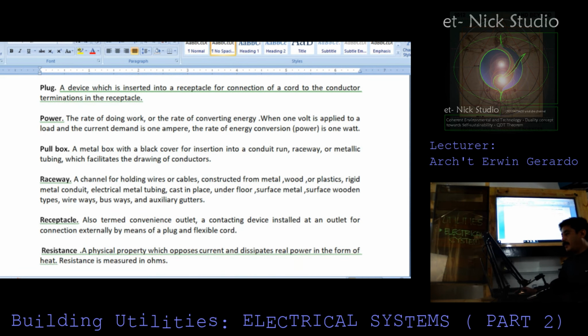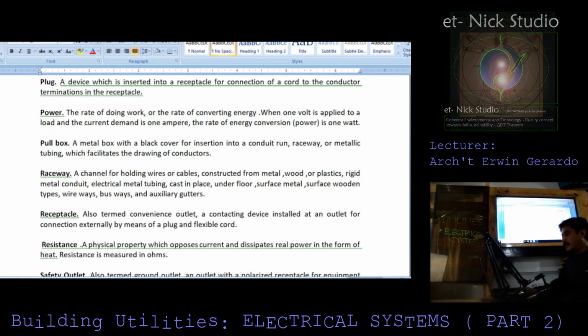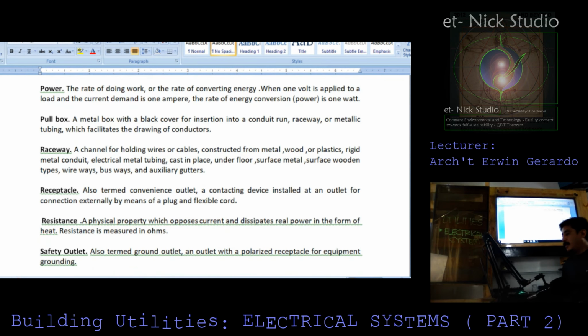Plug is a device which is inserted into a receptacle for connection of a cord to the conductors terminating in the receptacle. Power is the rate of doing work or the rate of converting energy.